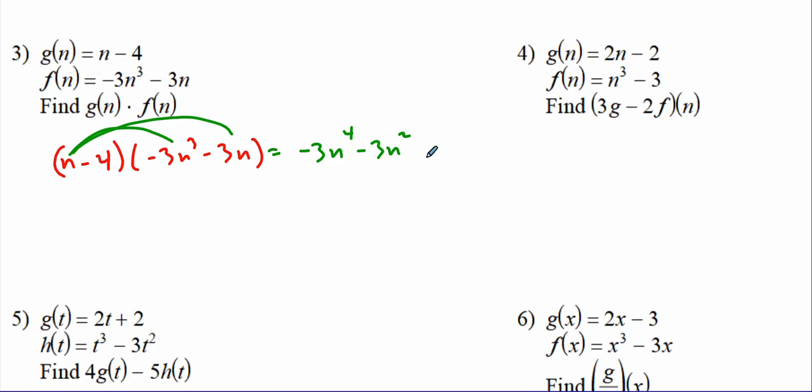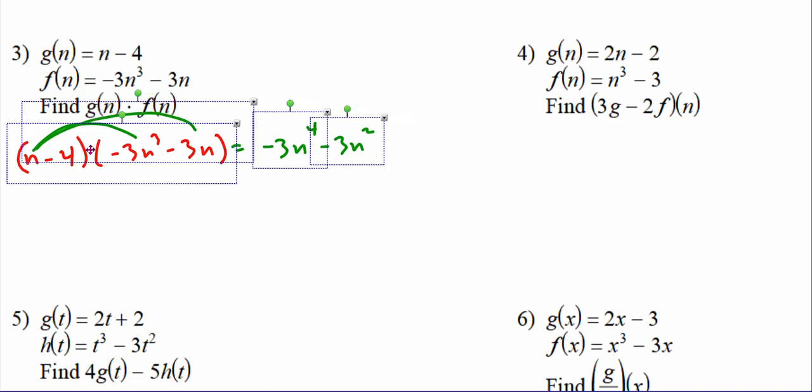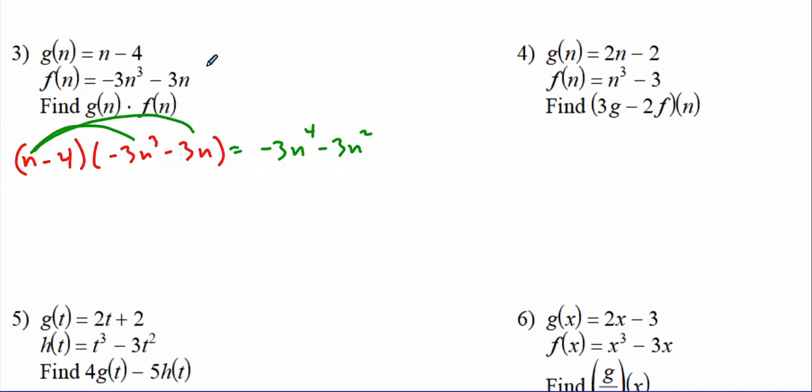I'm gonna run out of space here. Let me actually move this a little bit so that I have a little more space. Okay, continue. So continue in the second part, or this part right there. So -4 times this, and then -4 times this. So -4 times -3n cubed is plus 12n to the third power, right?